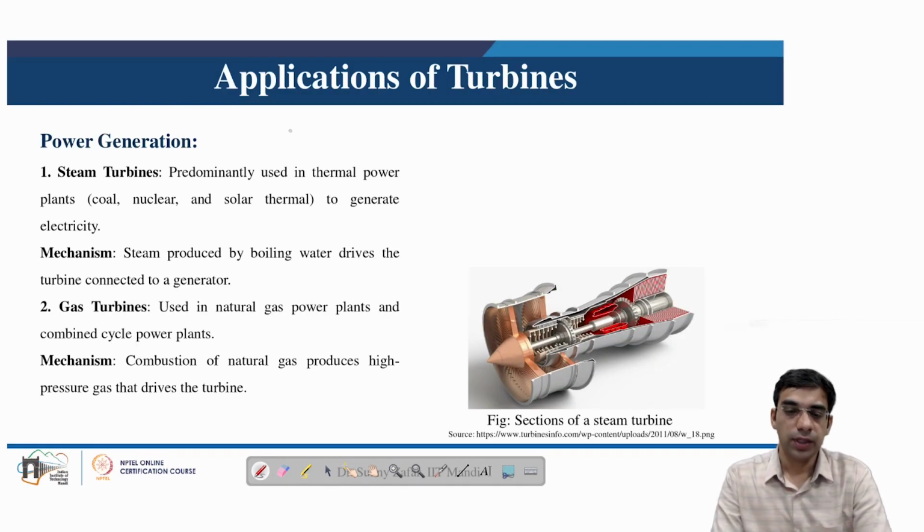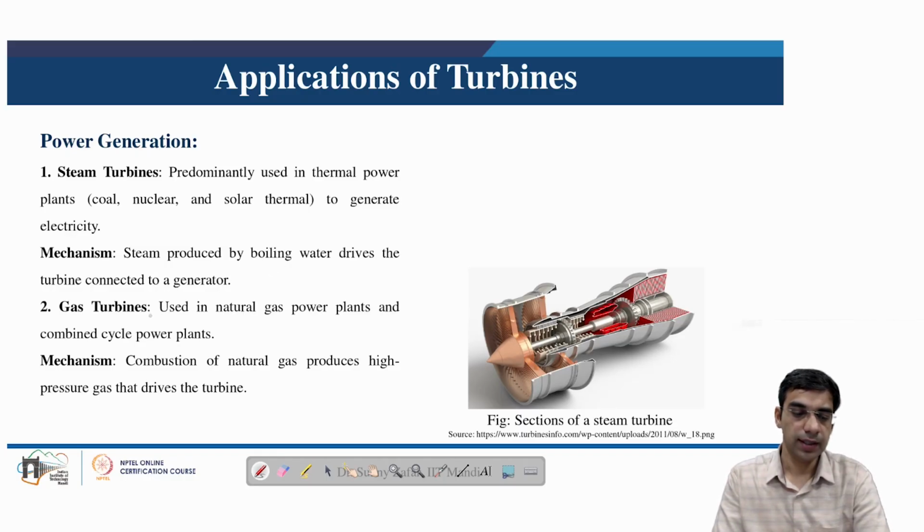Now we look at the applications of turbines. We have steam turbines, which are predominantly used with thermal power sources like coal, nuclear and solar, and which are used to generate electricity. Steam is produced by boiling water, and this boiling water may be produced by generating heat by combusting fossil fuels, or by the nuclear fission reaction.